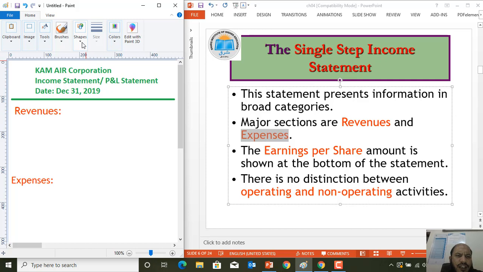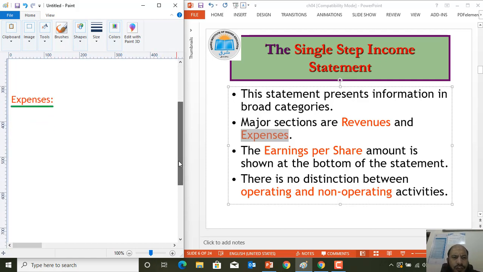Now we will underline the first and second one. See over here, dear students, this is the revenue account and this is the expenses account. If you remember the previous lecture, we discussed that from revenue we will deduct the expenses. So at the end we will have the net profit or net loss.